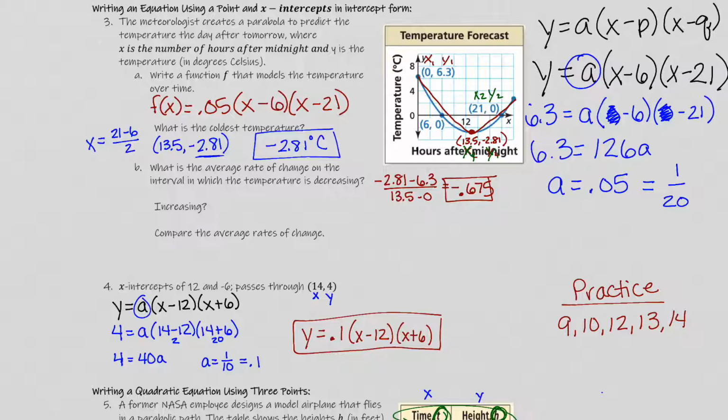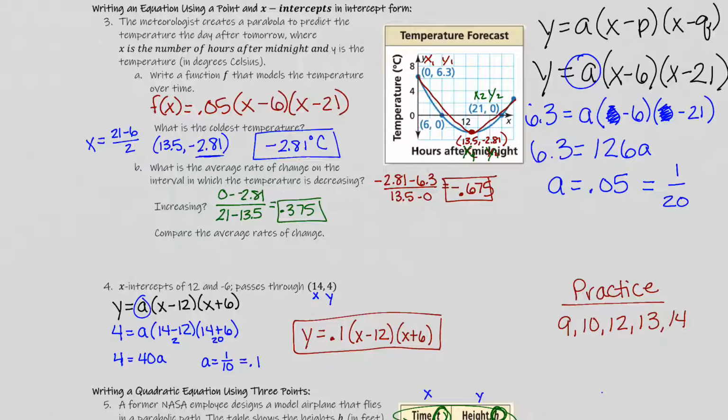So if I take y2 as 0 minus y1, so minus negative 2.81, over x2, which is 21, minus x1, which is 13.5. All right, and once I simplify all of that, I get 0.375. All right, so that is the average rate of change during those intervals.